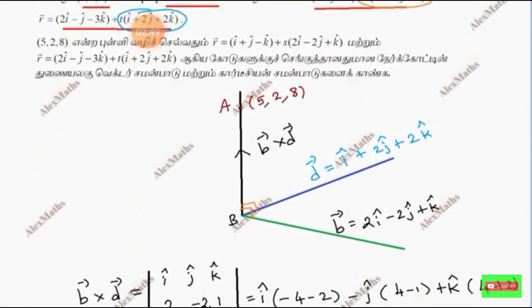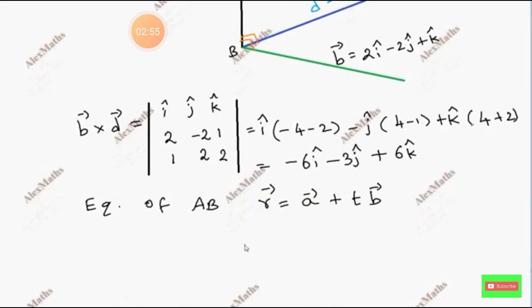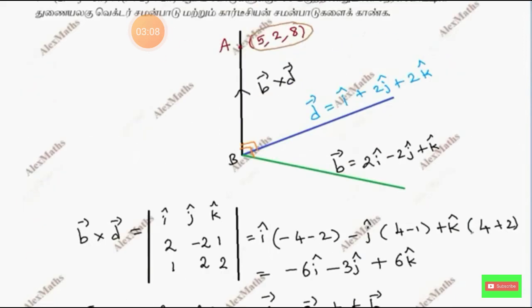You know the equation, passing through the point (5, 2, 8), we use it. r vector equals 5i vector plus 2j vector plus 8k vector plus t into what is your b vector?